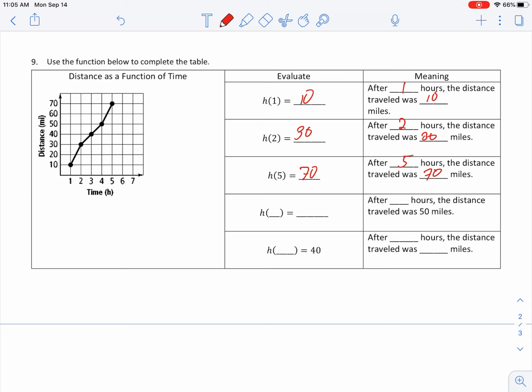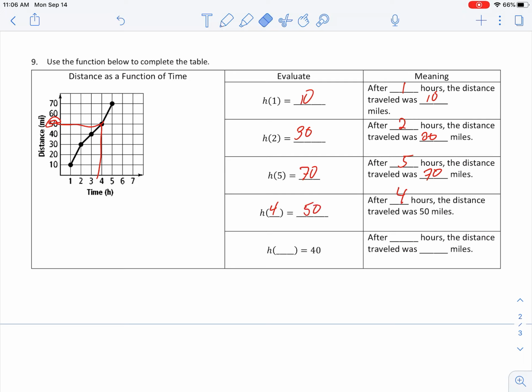Now this next one wants us to fill it in backwards. After blank hours, the distance traveled was 50 miles. So this time we have to look at first the Y's, the range. So right here is at 50, okay, so then we're at 4. 4 hours, it took us, at 50 miles, it took us 4 hours there. So that is the domain, the independent.